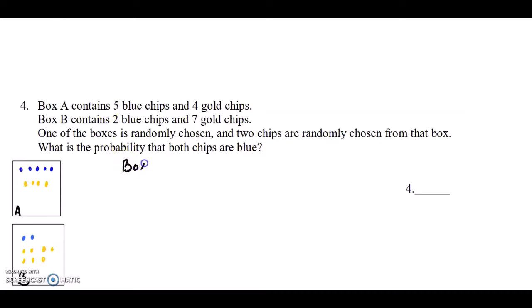So I could choose box A or box B. If I choose box A, I have a 1/2 probability of choosing that, 1 out of 2. And there are 5 out of the total 9 that are blue on my first pull.